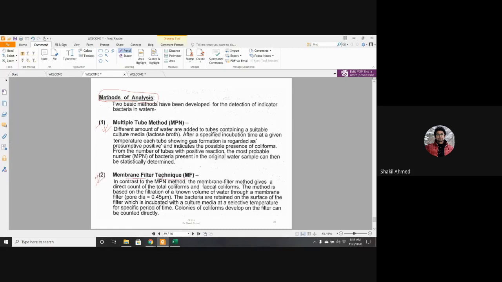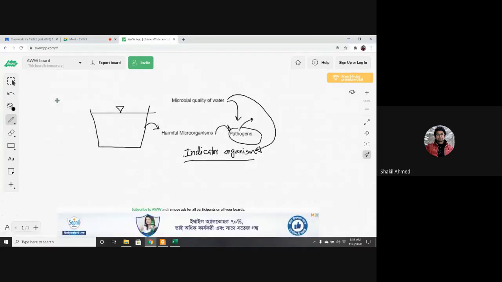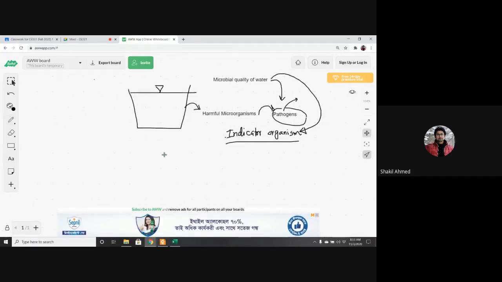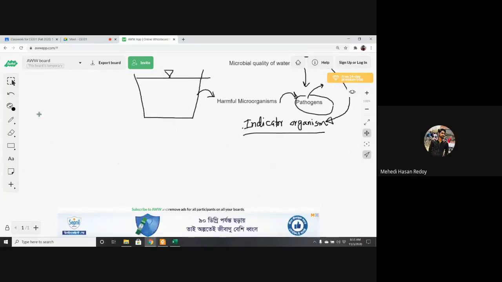Membrane filter technique. Okay, what do you do here? For example, you want to know whether this water has pathogens or not. Guys, are you following me? Yes, sir. Now you take some sample in a container, in a tube or a container.